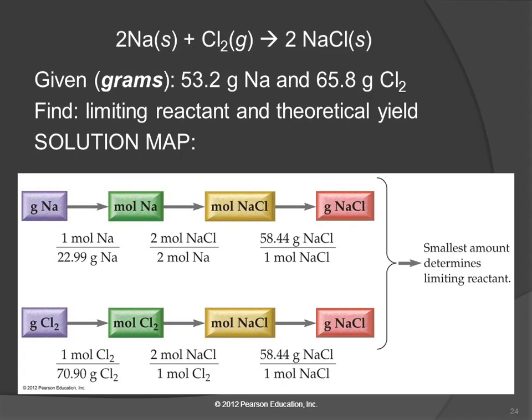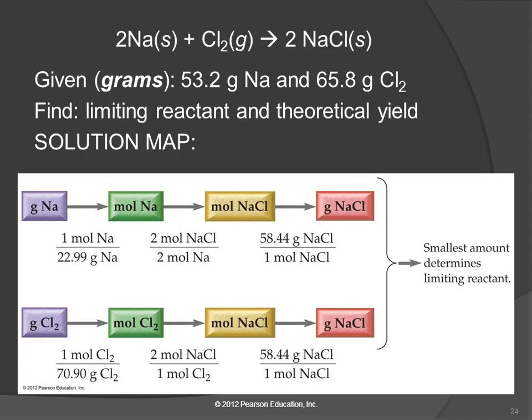So let's just look at a big picture before we do an example. Here we've got sodium and chlorine reacting to form sodium chloride. And we are told that we have 53.2 grams of sodium and 65.8 grams of chlorine, and we're asked to find the limiting reactant and the theoretical yield. Same idea that we've been working with, except it's in grams.